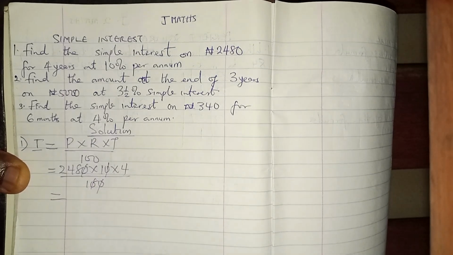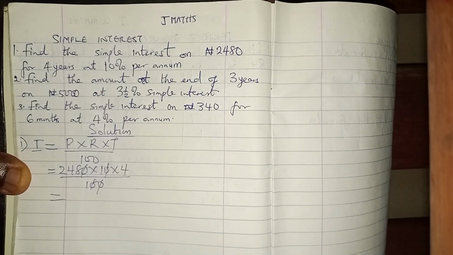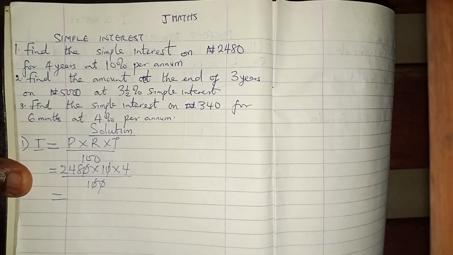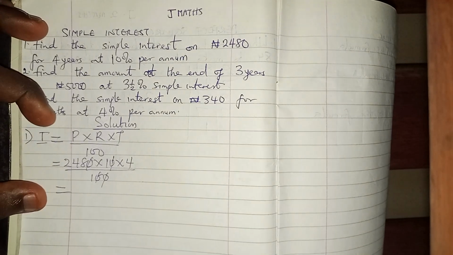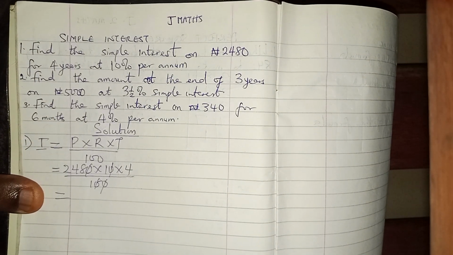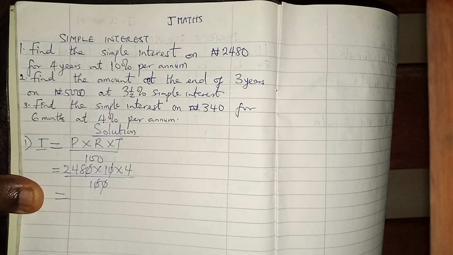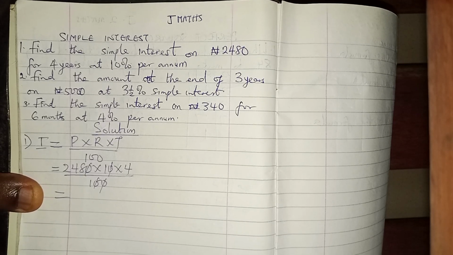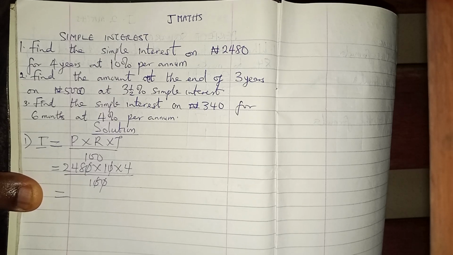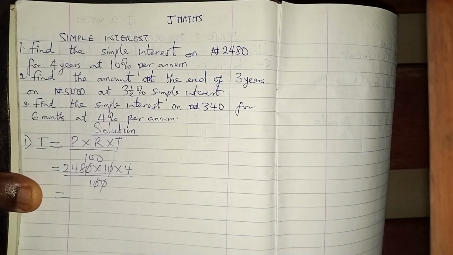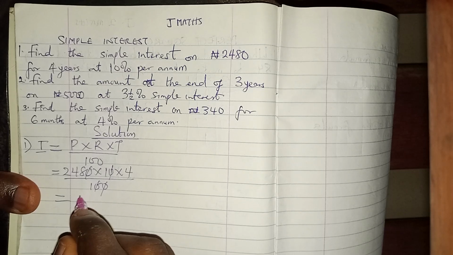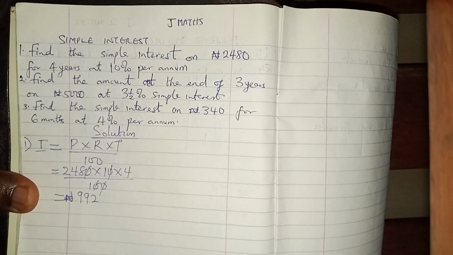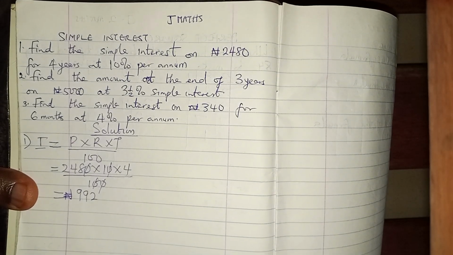So we now have 248 times 4. 248 times 4 will give me 992 naira. So this is the interest at the end of 4 years.